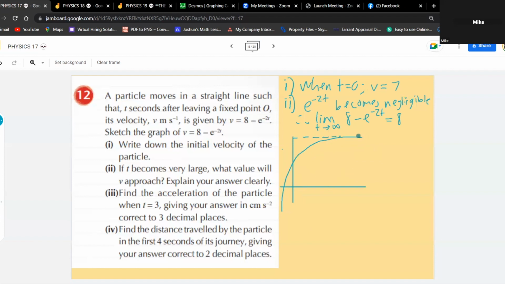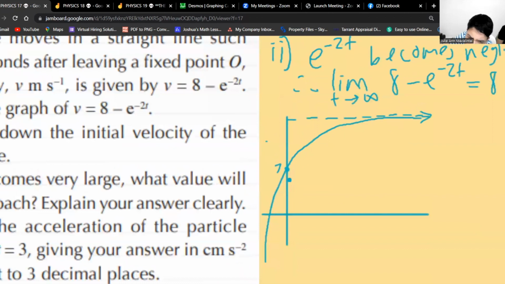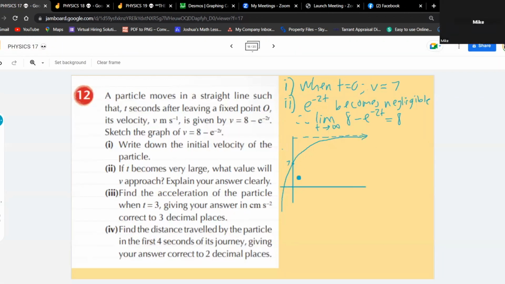Okay, so, ayan. And then, when t equals 0, anong intersection sa y-axis? So, dapat 7.